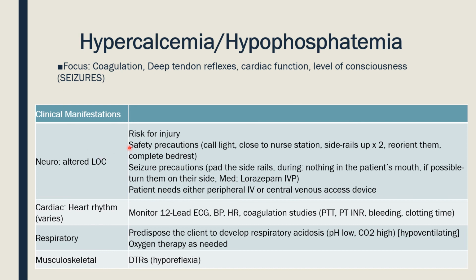You will notice that in neuro, cardiac, respiratory, and musculoskeletal. However, for respiratory this time, your patient will be at risk to develop respiratory acidosis. They will be hypoventilating and they need oxygen. While for DTRs, they will have hyporeflexia.